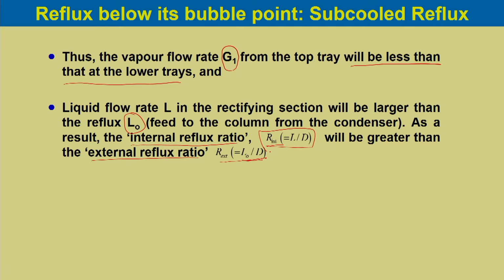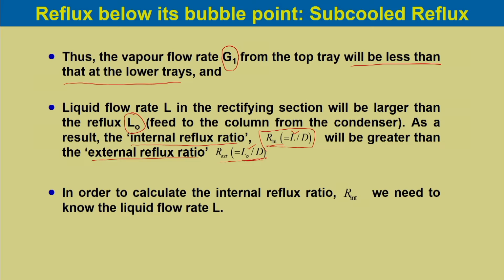Since L naught is increasing to L, the internal reflux ratio will increase. In order to calculate the internal reflux ratio, we need to know the liquid flow rate L. So, we have to calculate the liquid flow rate.